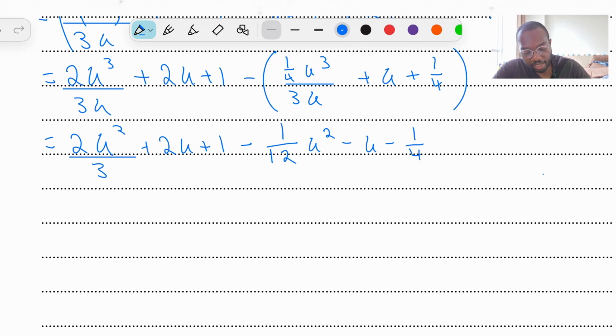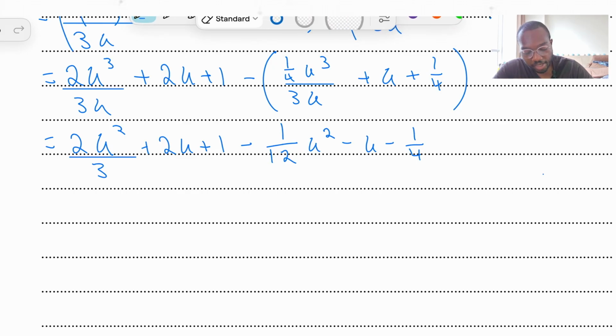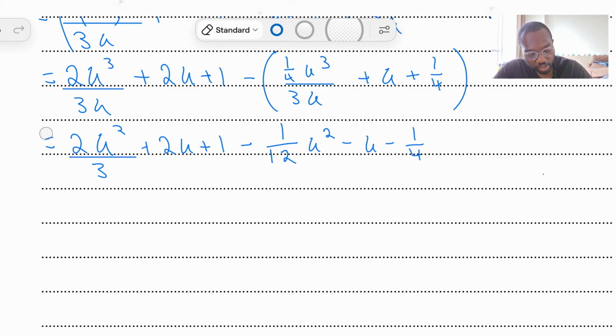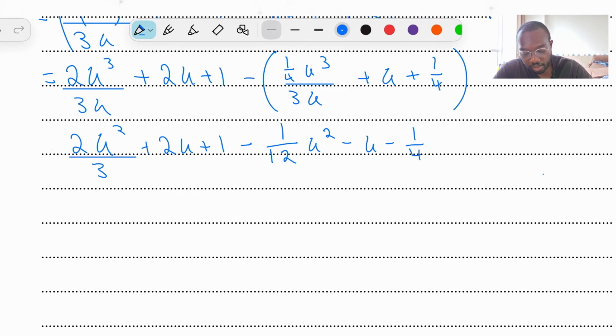Now we're getting somewhere. Now let's simplify this down even more. Another thing to note, now that we've simplified down this much, if I just move my equal sign to this side, remember that it equals 13 over 12. So now all of this is equal to 13 over 12. Now let's times everything by 12 to get rid of the fraction.